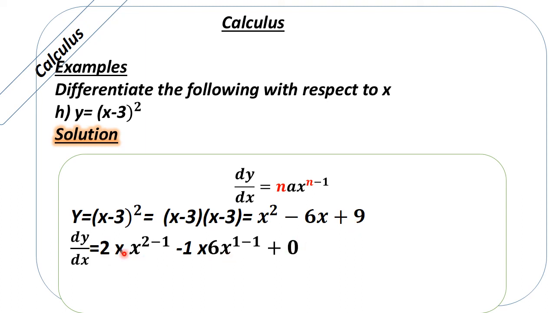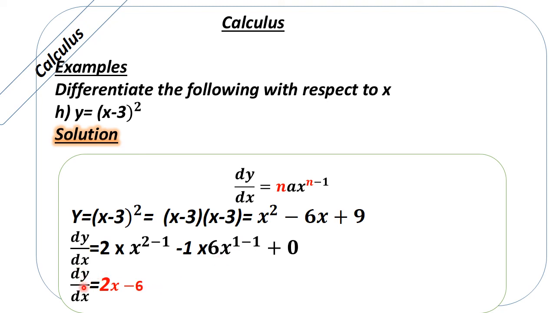So here, 2 times x, 2 minus 1 on top is 1, so we're going to have 2x, and negative 1 times 6x, 1 minus 1 is going to be 0, x power 0 is 1, so we're going to have negative 1 times 6, negative 6, like I had said.